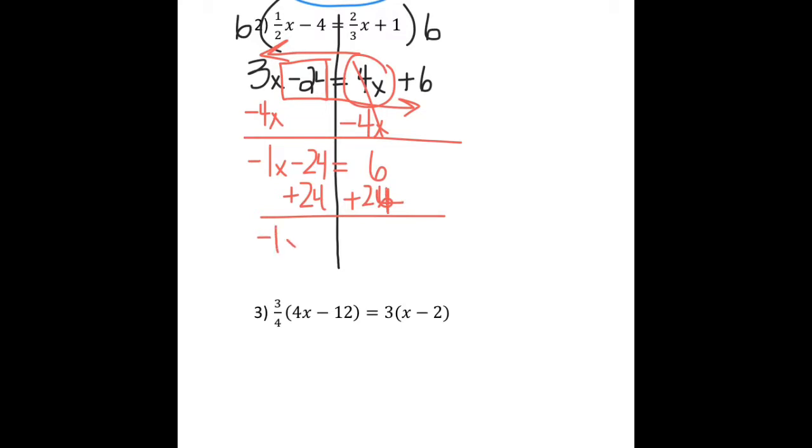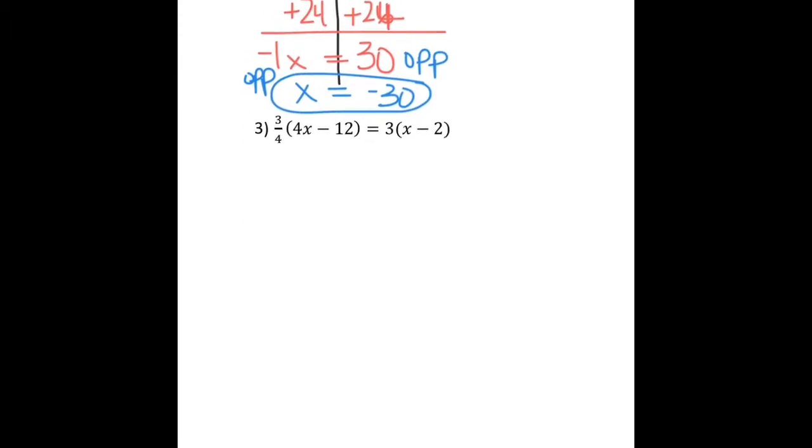So negative 1x equals 6 plus 24 is 30. Grab out your magic opposite wand. The opposite of negative x is a positive x. The opposite of 30 is negative 30.